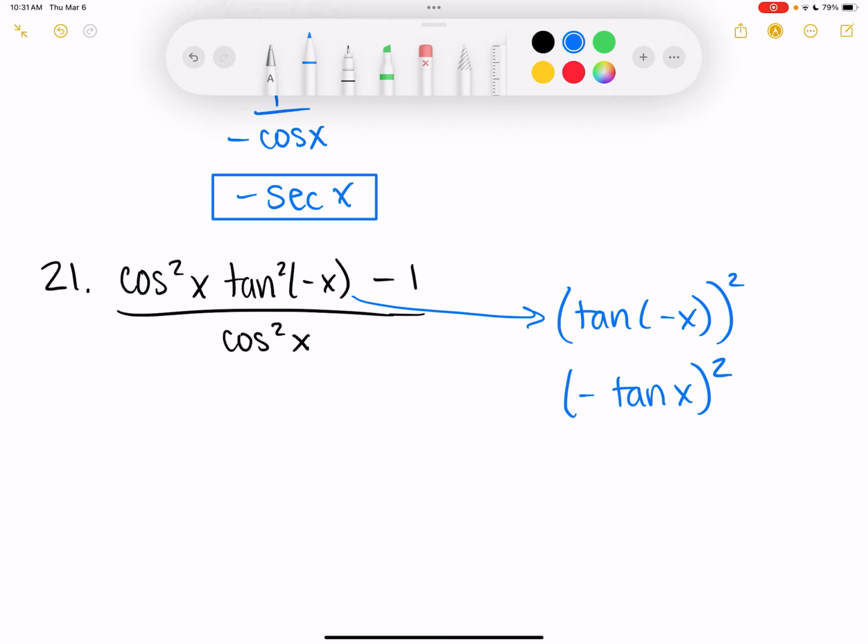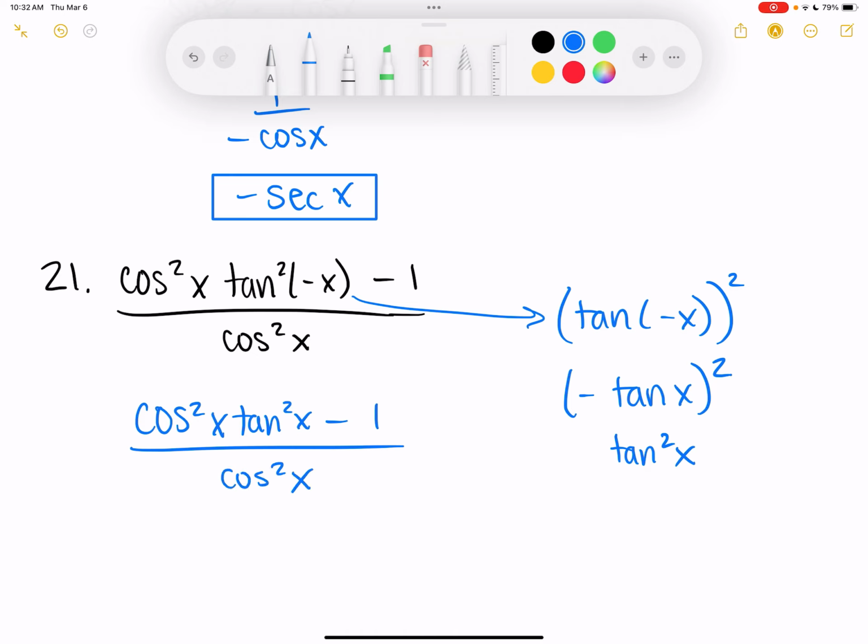It goes away. So this is just tangent squared of x. Are we tracking on that? Sure. Okay. So, for the moment, I'm going to rewrite this as the cosine squared of x times the tangent squared of x minus 1 over cosine squared of x. All I've done is eliminate the negative x from inside.